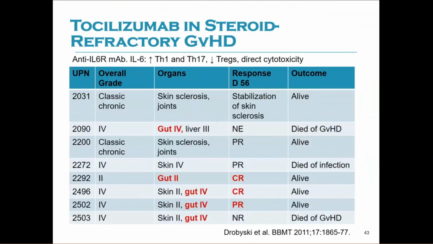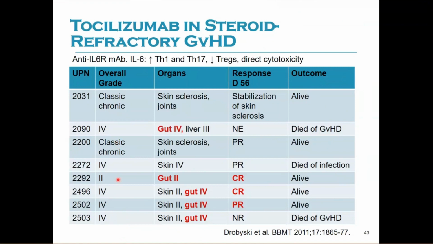Tocilizumab is another possibility of treatment for steroid refractory GVHD. The study published by Drobyski et al. in 2011 showed the results of 8 patients with both acute and chronic GVHD and mostly acute GVHD grade 4.